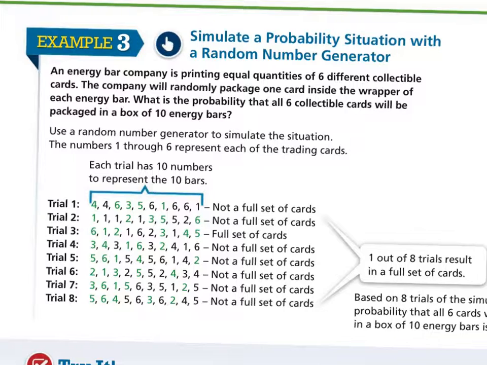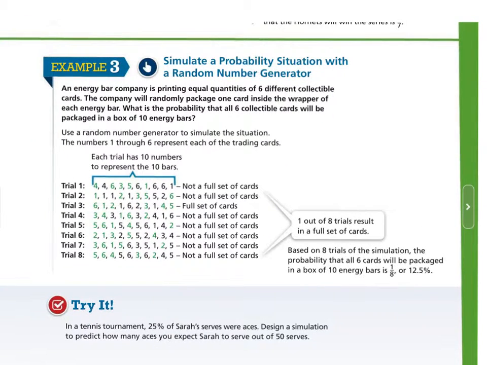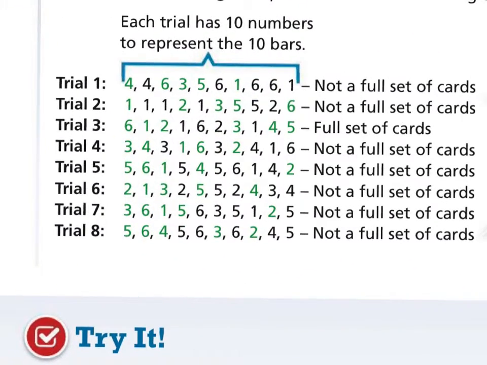Another thing you could do, since there are 6 of them, you could roll a number cube, 6 options there. Or you could spin a spinner that's got 1 through 6 in it. Or you could put numbers in a hat that's got 1 through 6. We may not have access to a random number generator, but all of those would be things we could do pretty easily. So anyway, they did this trial.